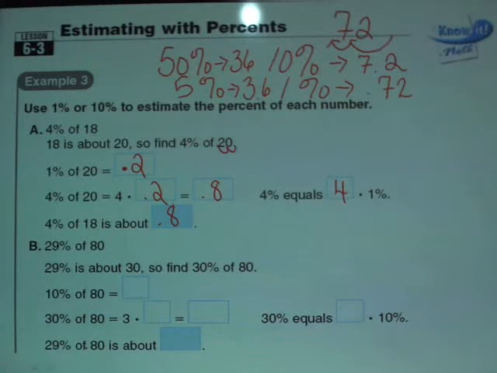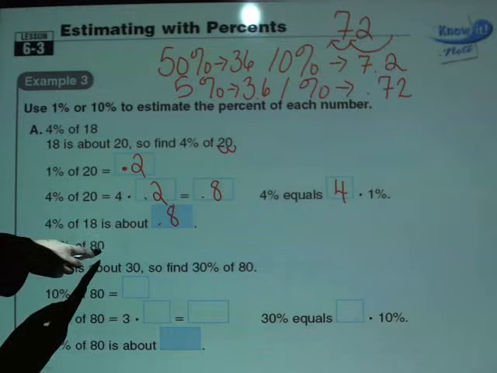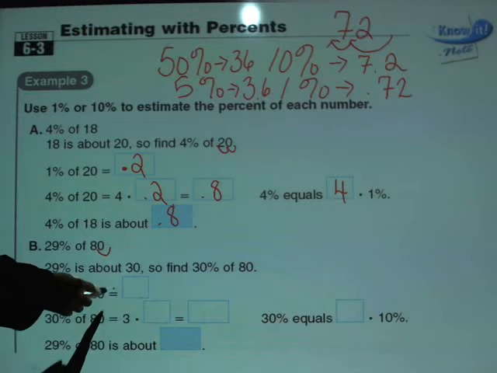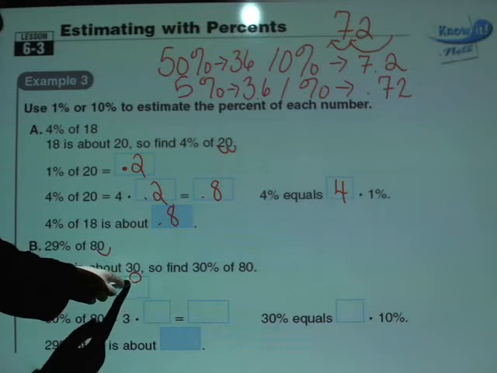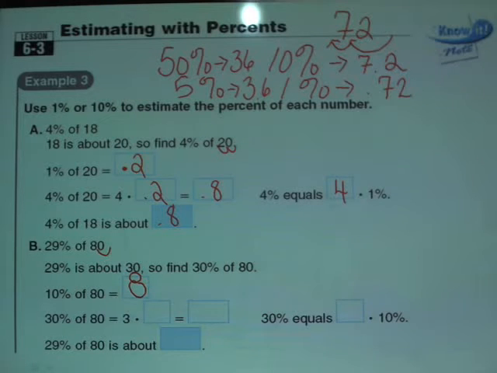All right, let's go ahead and take a look at B there. In B, 29% of 80. So we do need 10% here. 10% is going to take and move the decimal in 1 time. That's going to give me 8. Now, as you can see what they did here, instead of us finding 29%, they just said, since we're estimating, they just rounded it off to a nice clean 30, which is fine.